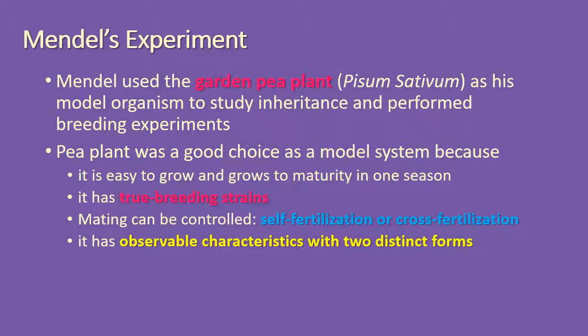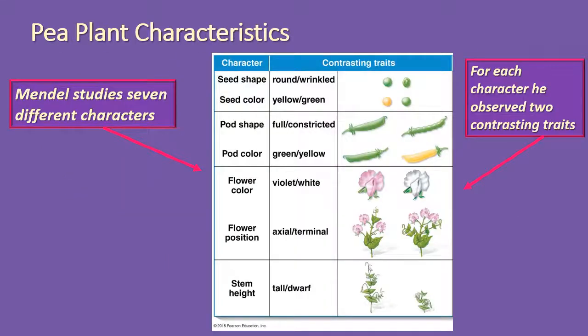So you can allow the plants to self-fertilize, and that will keep them breeding true. Or if you want to cross-fertilize between 2 different plants, like say for example a tall plant and a short plant, then you can do that and you can start mixing up the genes. And most importantly, it has observable characteristics with 2 distinct forms. I think Mendel would have gotten really confused if there were multiple forms, more than just 2 different alternatives.